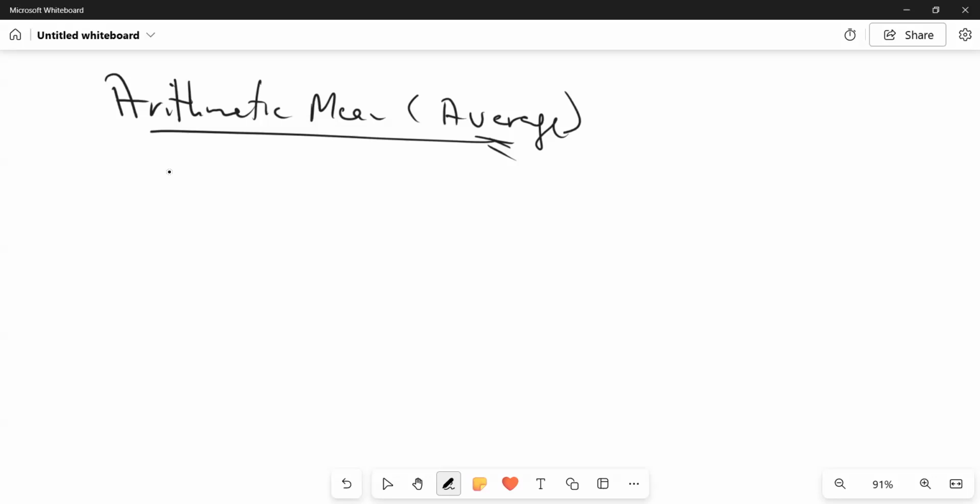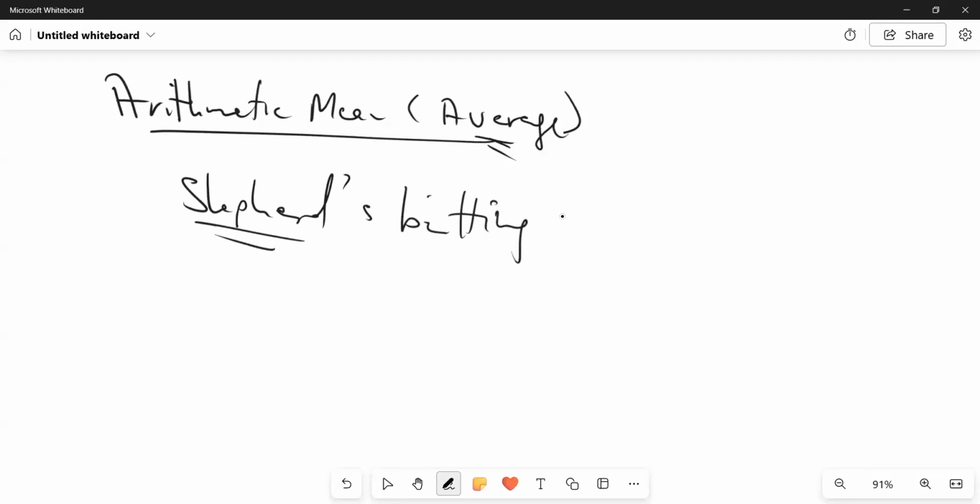Do you have any good Guyanese batsman in the West Indies team or the CPL team? I don't know, I don't watch cricket. All right, let's go with Shepherd and his batting average.